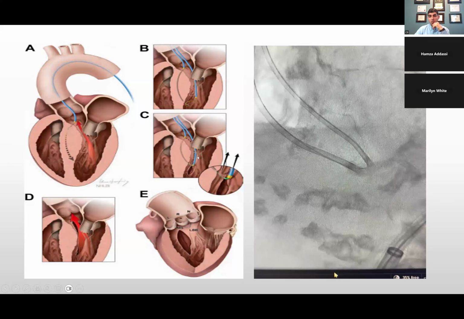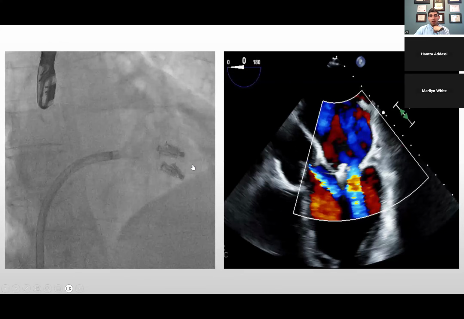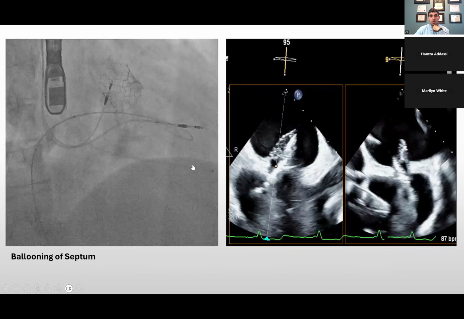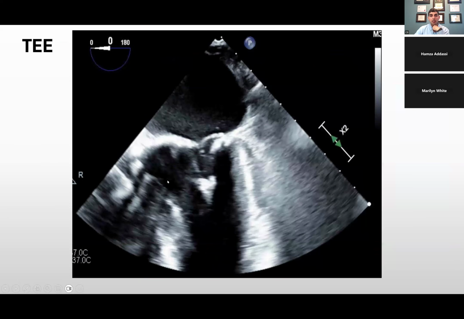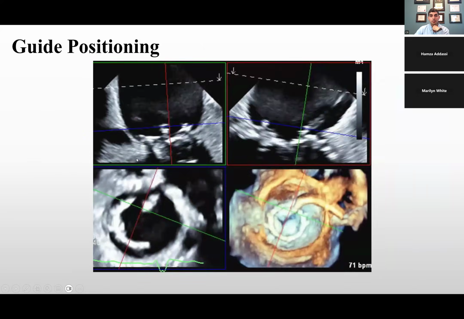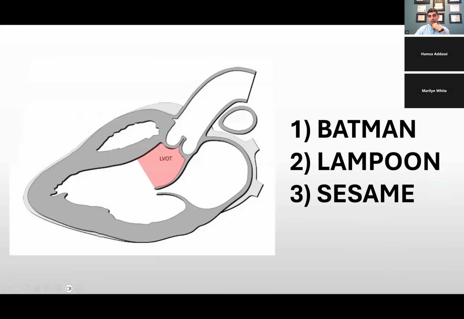And this is the last one. This is called the sesame procedure. Like we said, if I go back a couple slides just to show you, if the problem was if this comes all the way open and touches this, what about if the septum is thick, right? If the septum is coming down like this, there's high chance of obstruction.